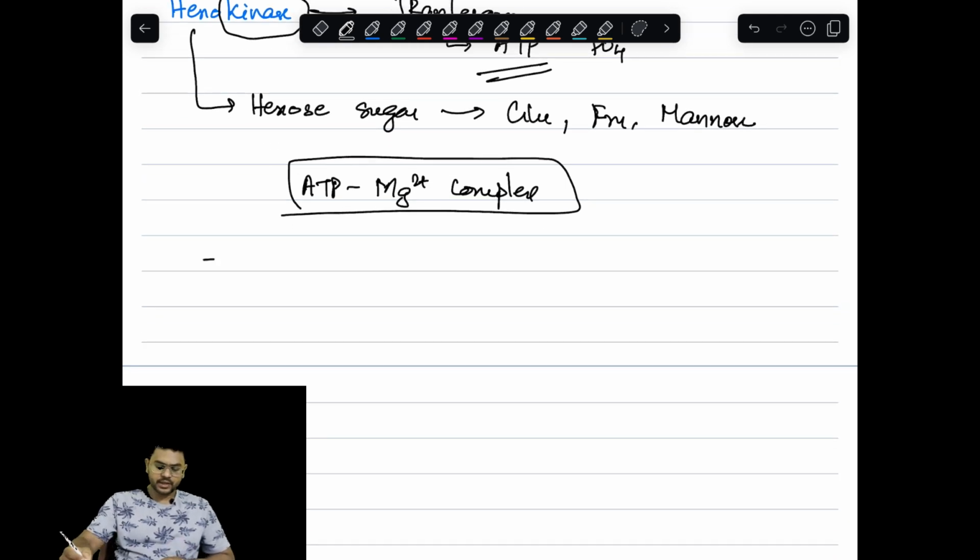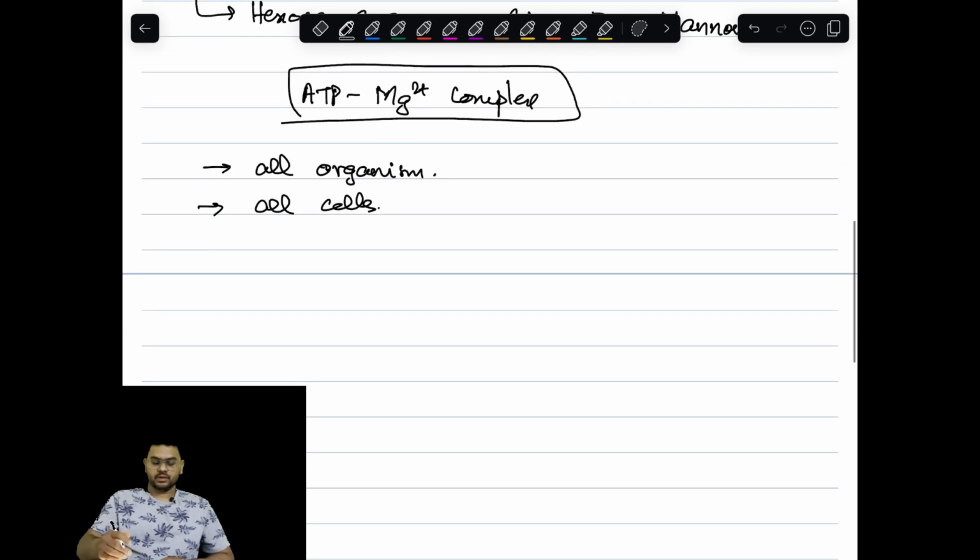Now, this hexokinase is seen in almost all organisms, and it is also seen in all cells, and it exists as four isoenzymes in humans. So what are isoenzymes? Iso means same.